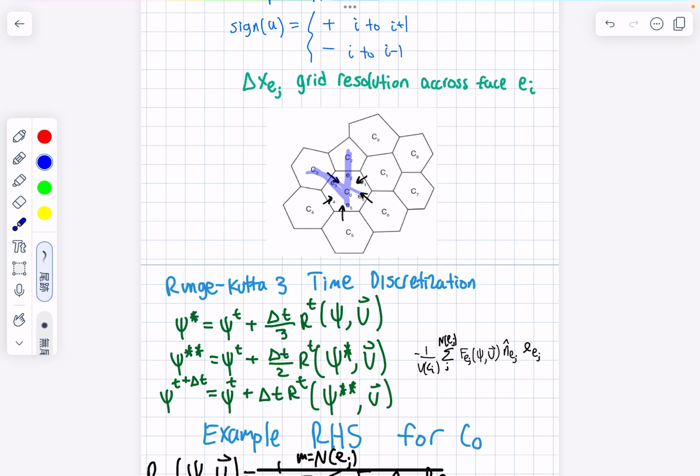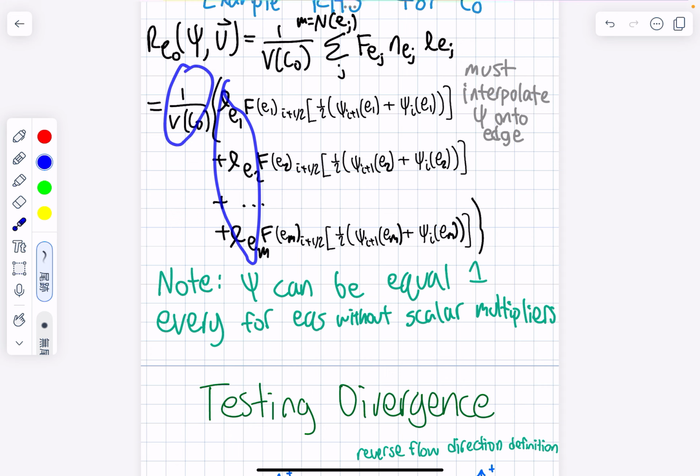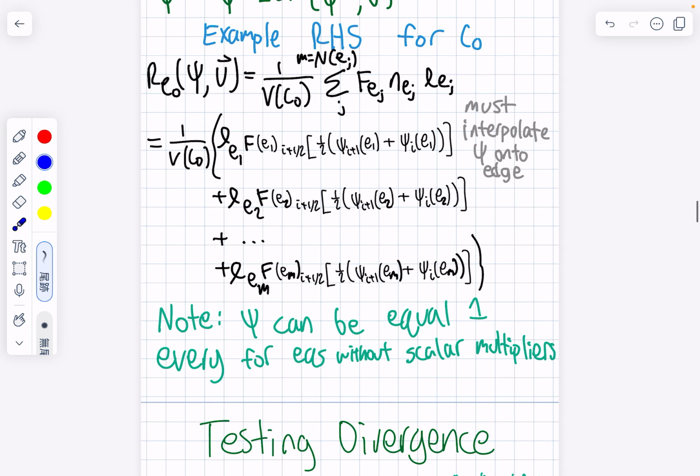It's probably the same always, so you can probably just take these out. Oh yeah, I see, I made a typo. In this case, it was the velocity at the edge. Here's our flux function. Well, actually, this whole thing is the flux function.